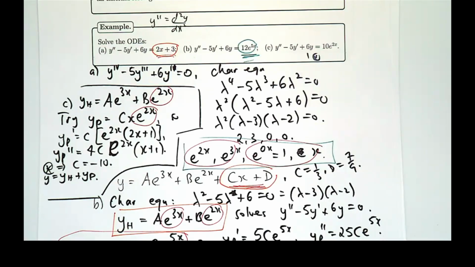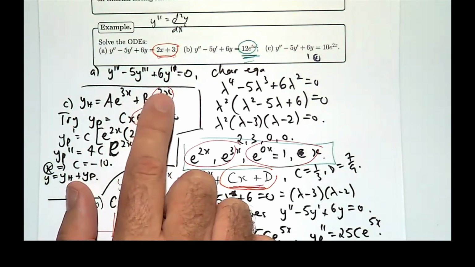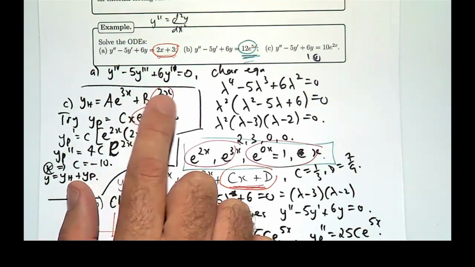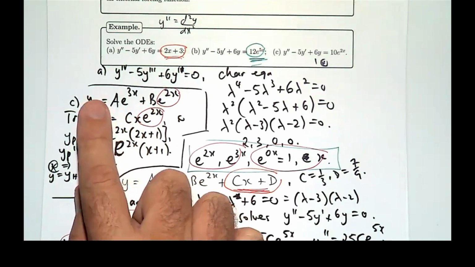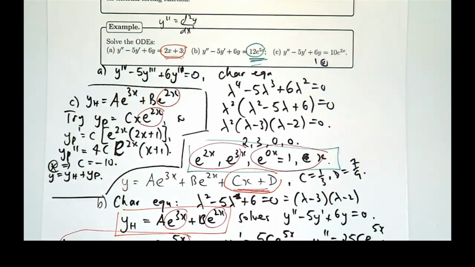Yes? I'm guessing we'd probably want to cancel some, like, x times e to the power of 2x then? No, not necessarily, because it's a good question. You've already got e to the 2x here, so if you cancel this off and you add these two things together, this thing will not be bringing any more information to your solution.